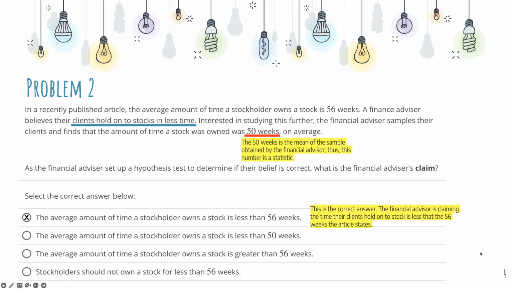So again, we need to create the claim using the number that we previously had, because his evidence is that actually the time is less than the previous 56 given to him. All right, so again, this is the correct answer. The financial advisor is claiming that the time clients hold on to stocks is less than the 56 weeks the article is stating.